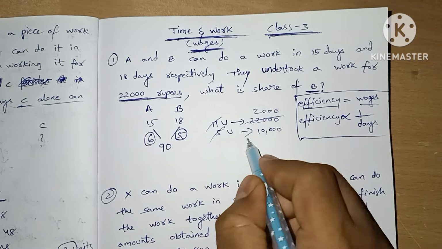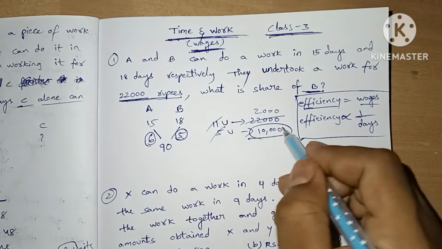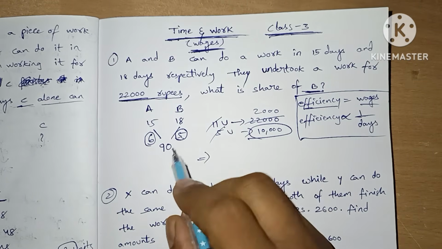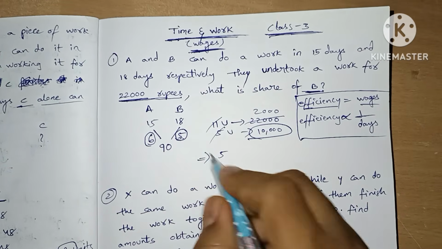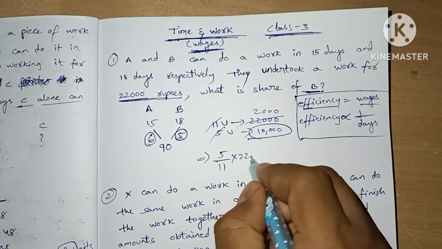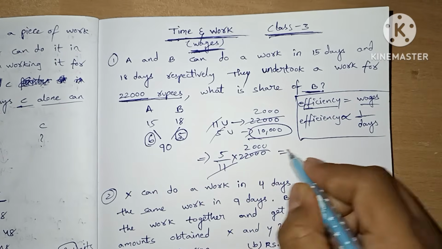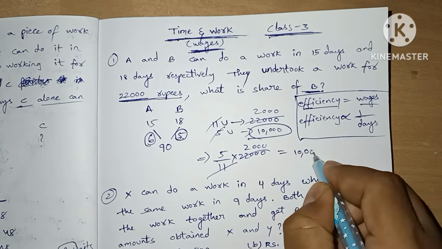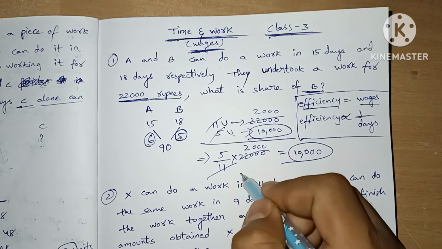So we get 10,000 as the share of B. What I mean to say is, here we need to find the value of 5 parts, and the total parts value is 11. We have a total of 22,000 rupees. 11 parts is 22,000, so 1 part is 2,000 rupees, and we get the share of B as 10,000 rupees. This is the same as I explained before.